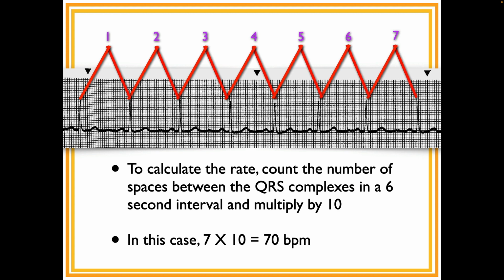You're going to say 1, 2, 3, 4, 5, 6, 7. Now notice I counted the spaces, not the QRS complexes themselves, because there are actually 8 QRS complexes, but 7 spaces. It's a little bit more accurate if you do the spaces.